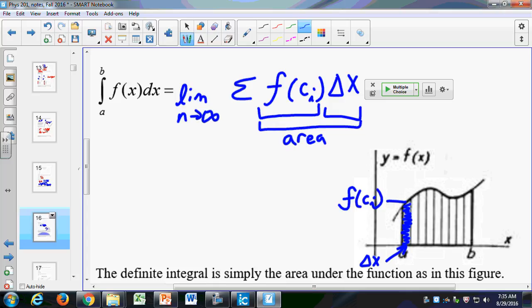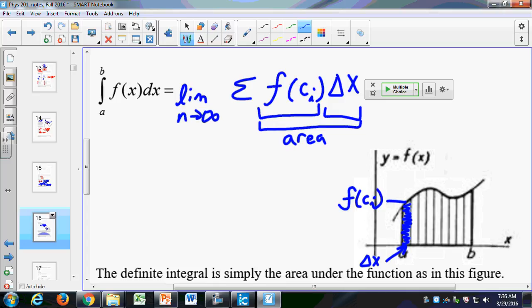So whenever I think derivative, what are you thinking of on a graph? If you take the derivative, you're finding the what of that graph? Slope, right? And if you take the integral of a function over a particular interval, what are you finding for that graph? The area under the curve. So we'll think about that.